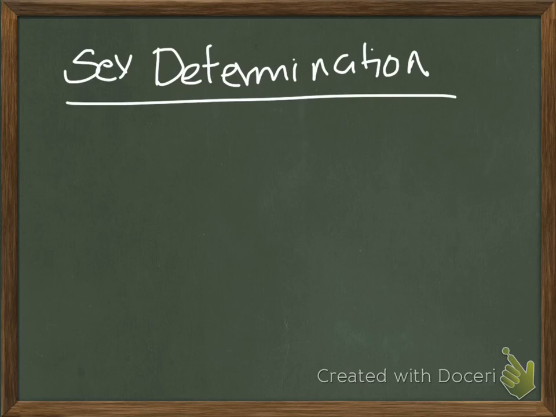So now you have a clear idea of how the sex of a baby is determined. The sex of a baby does not depend on the mother, and blaming her is totally unjustified. The unborn baby's sex is determined by the father.